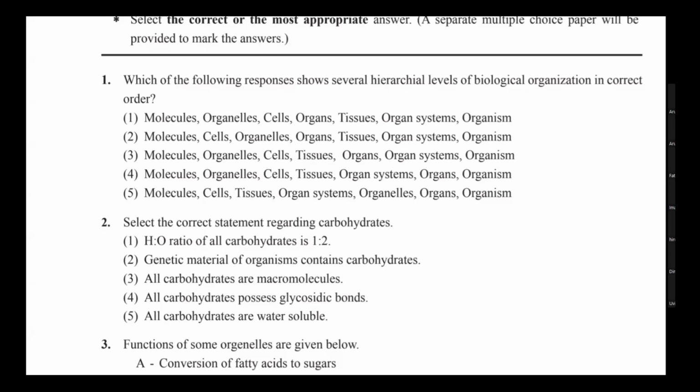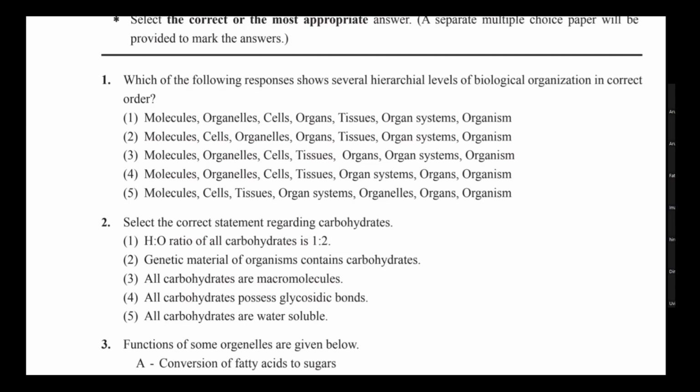Question number 2. Select the correct statement regarding carbohydrates. Now, if we take the definition of carbohydrate, carbohydrate is the most abundant organic compound on earth, right? The major elemental composition is carbon, hydrogen, and oxygen.